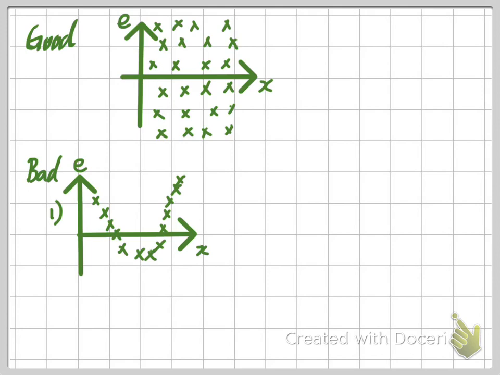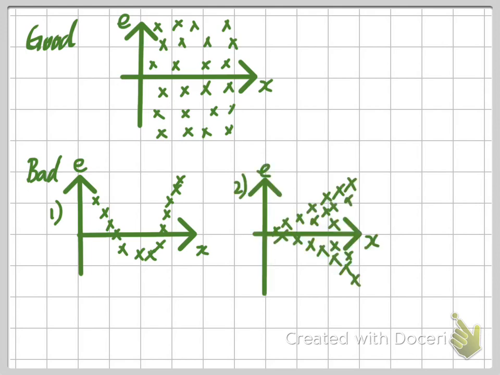And then for the second one, this is our second example. What we can clearly see here is that when our x becomes larger, our e value also becomes larger. What does this mean? If we use our linear regression model to get an estimator of y at a very large x, then it's possible to get a very, very large error.